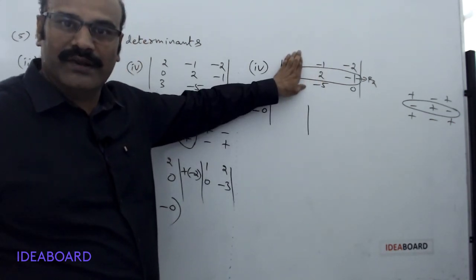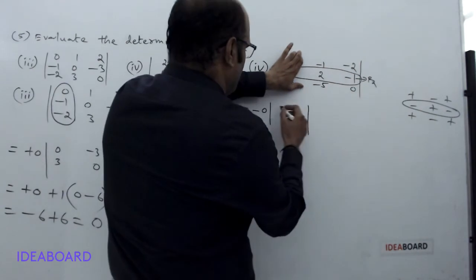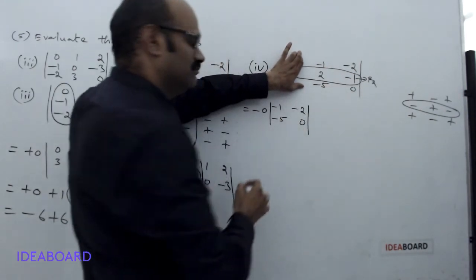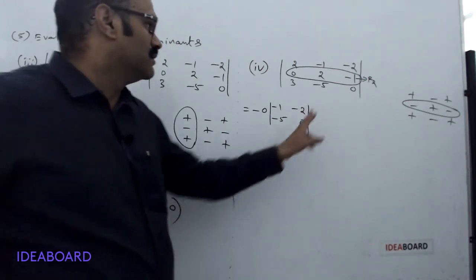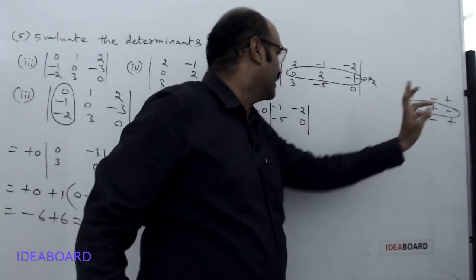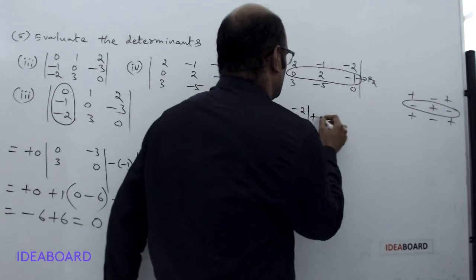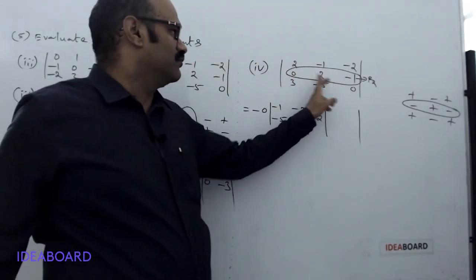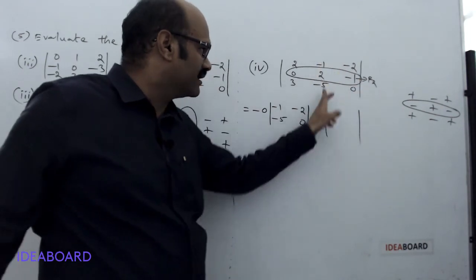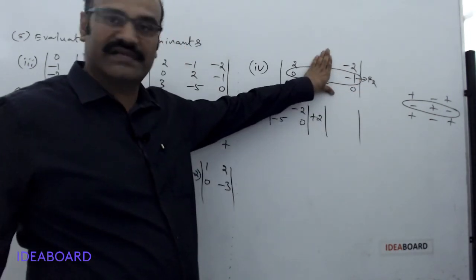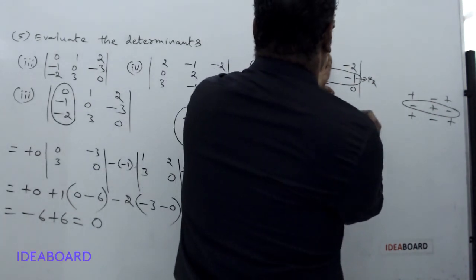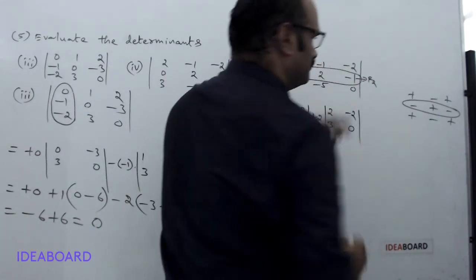The remaining 4 elements are minus 1, minus 2, minus 5, 0. Now we take the sign plus, plus 2 into the minor of 2. The element 2 lies in the second row and second column. Close the second row and second column. The remaining 4 elements are 2, minus 2, 3, 0.